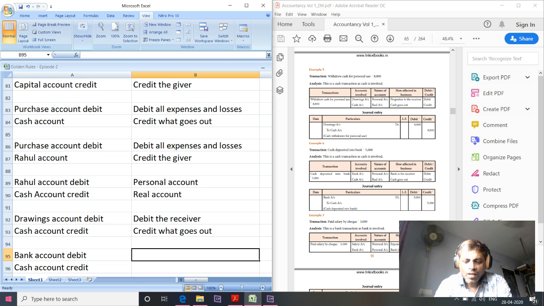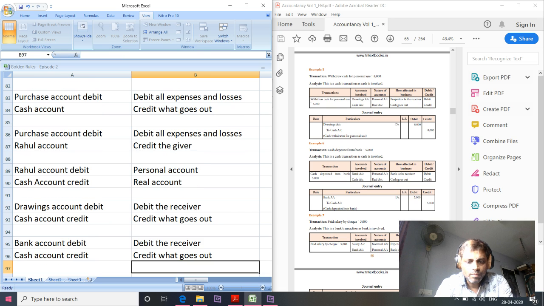Why bank account is debited is, again we have seen bank is a personal account, so debit the receiver and credit what goes out. Cash deposited into bank account, debit bank account and credit cash account.